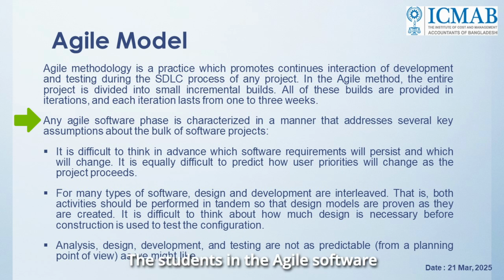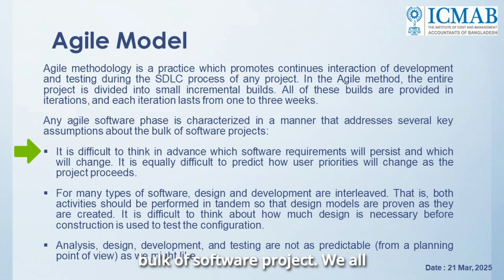Students, any Agile software process is characterized in a manner that addresses several key assumptions about the bulk of software projects. We all know it is difficult to predict in advance which software requirements will persist and which will change. It is equally difficult to predict how user priorities will change as the project proceeds.